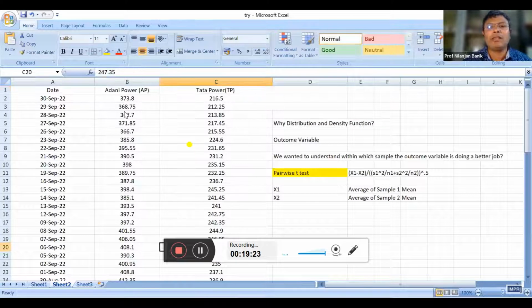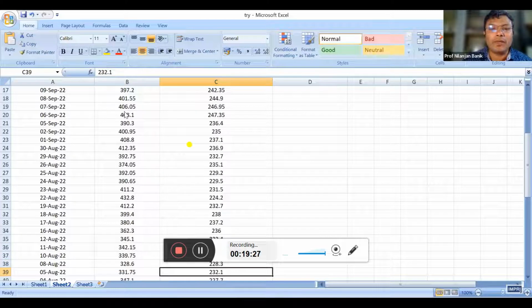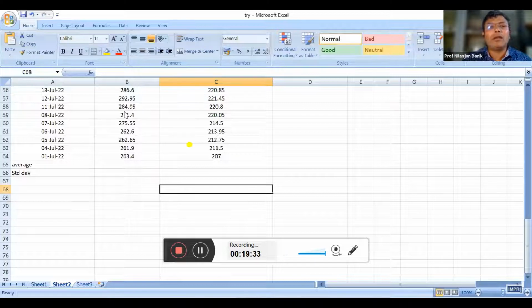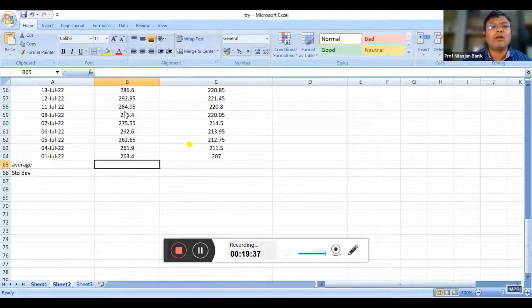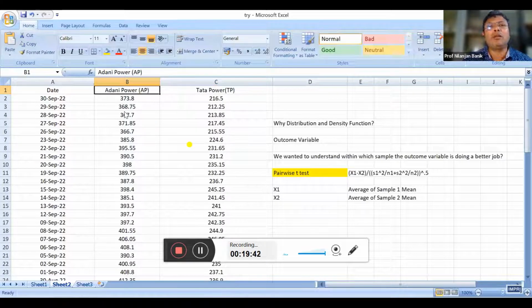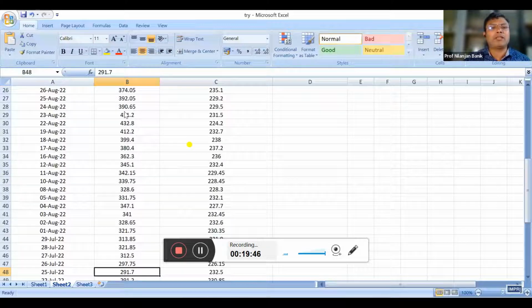And therefore, if I run a t-test statistic, it will be highly significant, meaning that it is going to tell you that the mean average price of Adani Power is going to be higher than Tata Power. So let's try to do this pairwise t-test.